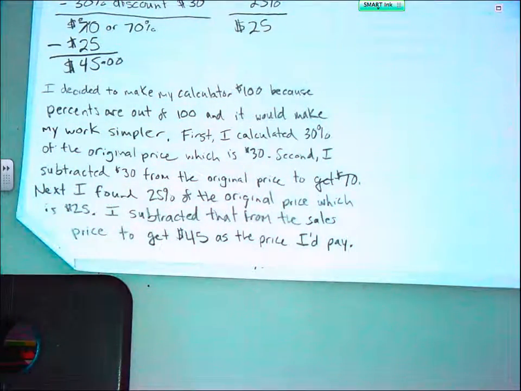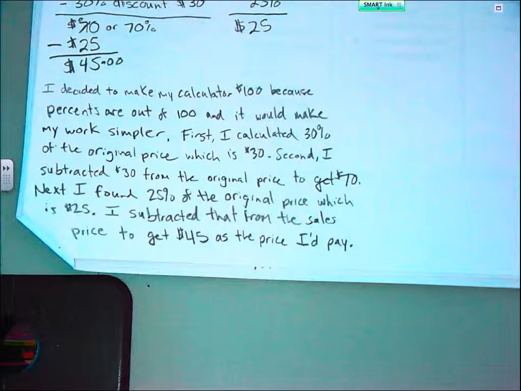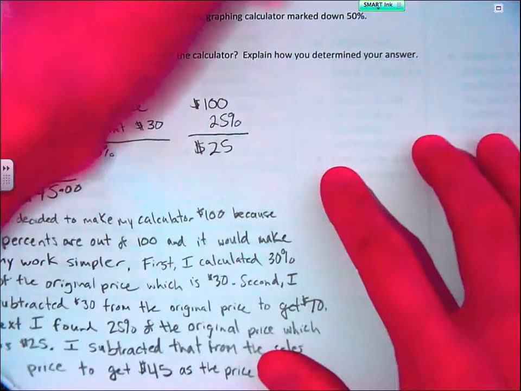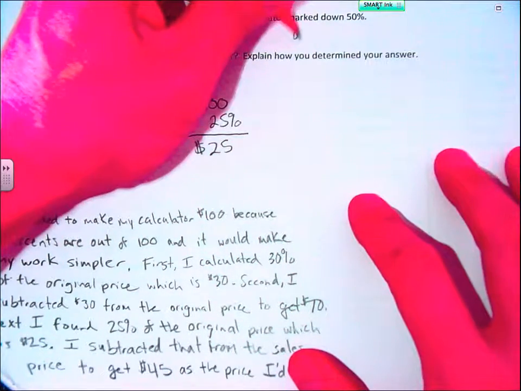Okay, so I showed it with numbers. I showed it with words. Not a lot of vocabulary in this section. Percent, benchmark percent, discount, commission. Okay, so as I'm going into these problems, I want to use other math words for sure. But I'm going in and I'm thinking about discount.